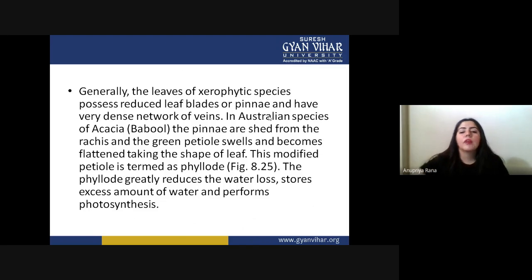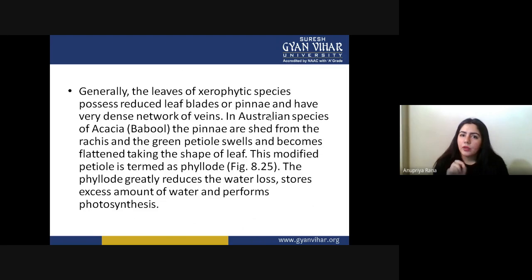This modified petiole is termed a phyllode. Now, another structure takes place inside them, called the phyllode. A phyllode is a modified petiole. The petiole is the structure which attaches the leaf to the stem.